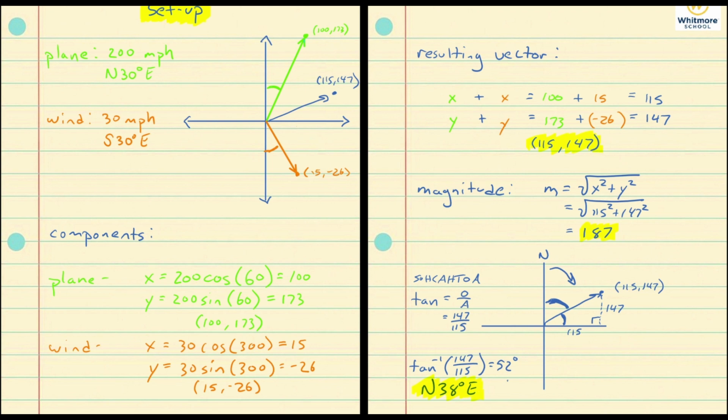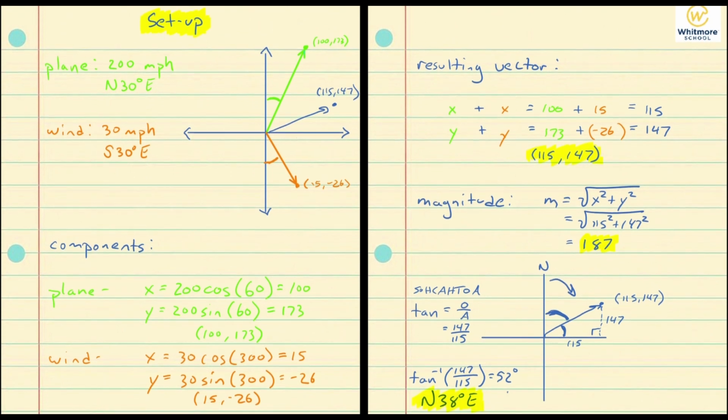So by using the vector components, we can find pretty easily the components of the resulting vector. We can find the magnitude of that vector, and we can also find the bearing. And so we get those three important pieces of information without having to do any super complicated drawings, without having to do anything that makes it more likely that we're going to make a lot of mistakes.